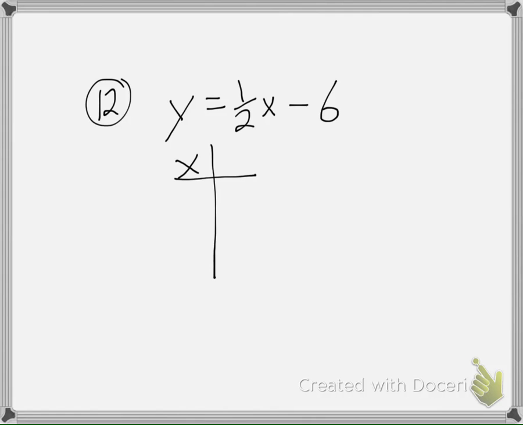So a t-table is probably the easiest way to graph this so far, at least. Easiest value to put in the t-table? X. 0. 0, right? Because if x is 0, then this thing goes away, right? Which leaves me with y equals negative 6, right?